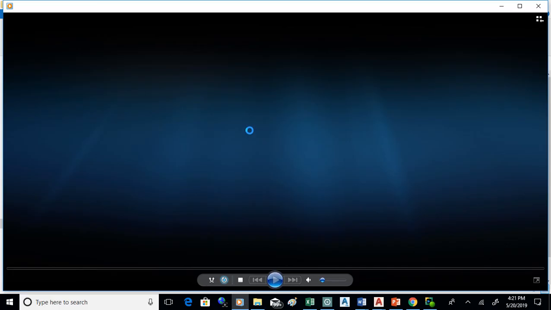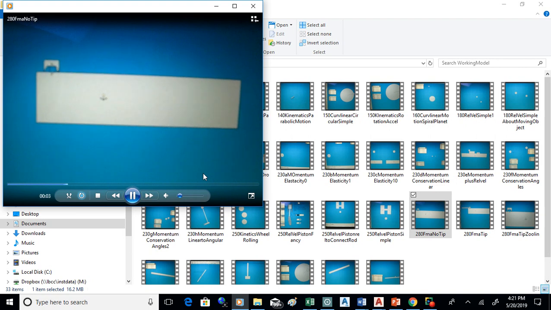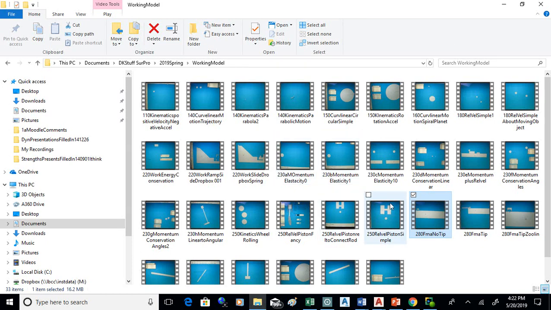Okay, here's a simple little movie of an object moving to the right. Acceleration to the right. We're just going to move this thing to the right a little bit, and it'll just kind of slide to the right, okay? Without any tipping or anything. Now, let's do the same thing, but let's greatly increase the force, okay?